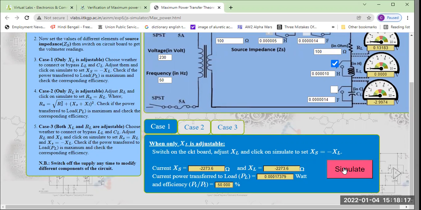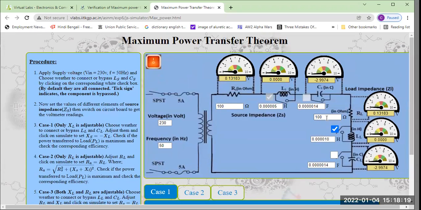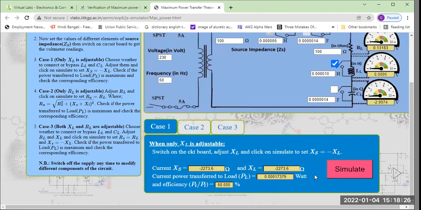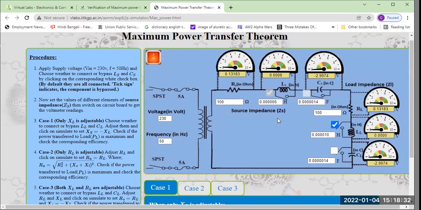Look, though I make it double, the wattage is the same. Okay, for the inductance there is no such change.